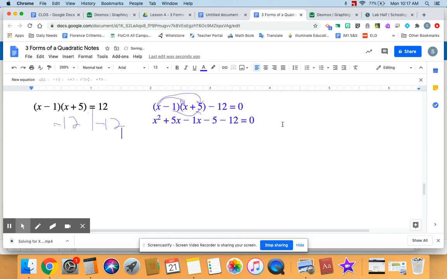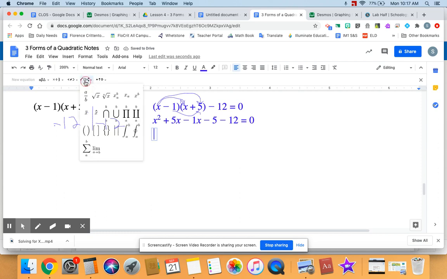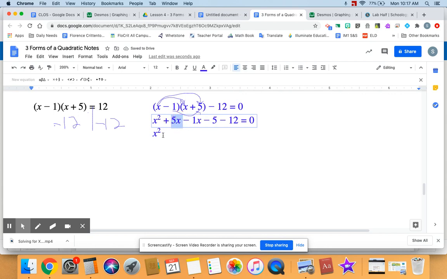So now when I combine all my like terms together, is there any more x squareds to combine with this one? No. Is there any more x's to combine with these 5x's? There is -1, and 5x minus 1x becomes positive 4x. And then this just number can combine with this just number, and -5 minus 12 is -17.